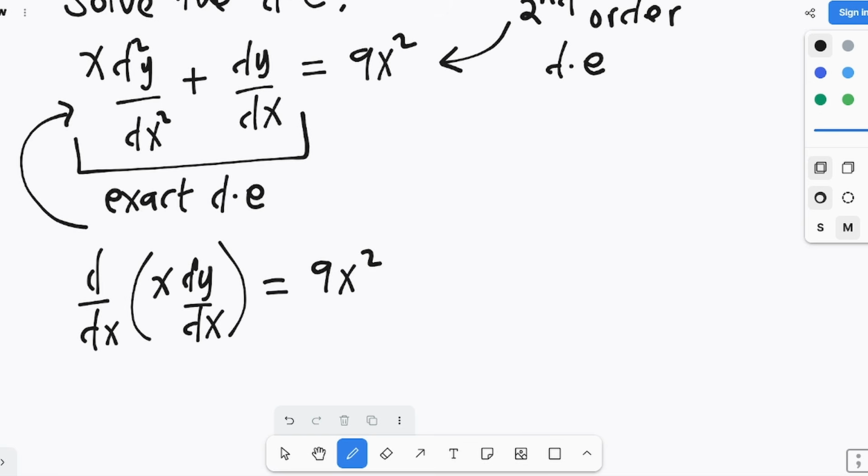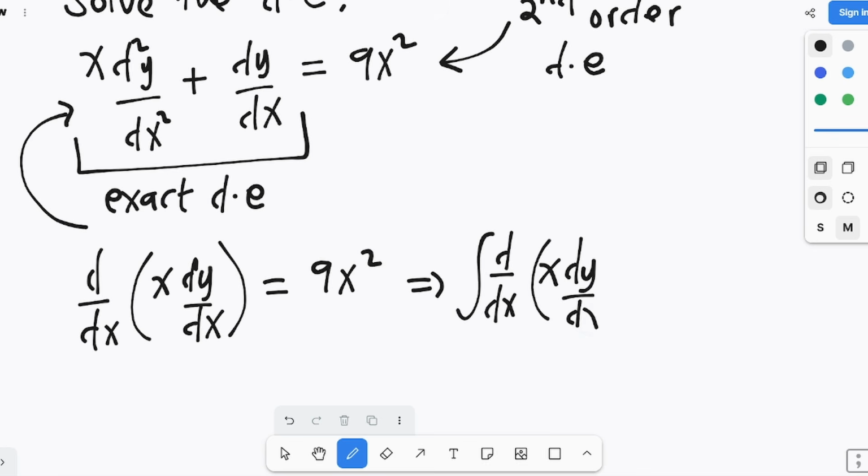So we go ahead and integrate. We shall have the integral of the derivative with respect to x of x dy by dx, times dx, is equal to the integral of 9x squared dx.